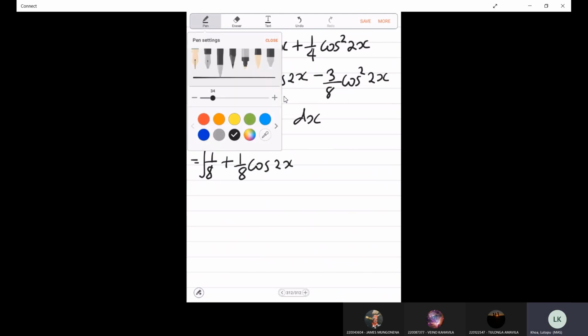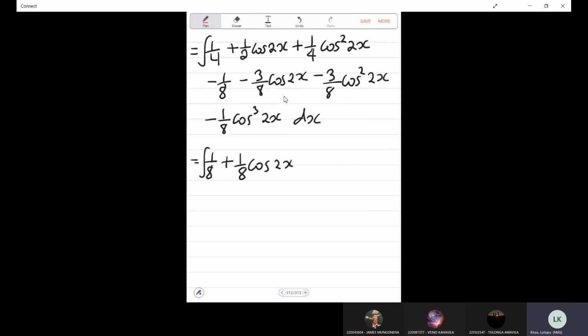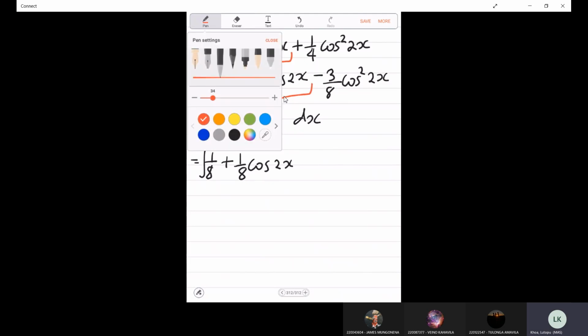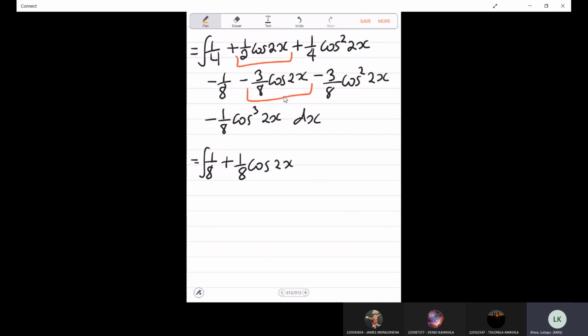So let's just write them. So we have this one here and that one there. Then we have the cos squared, this one here, and that one there. So we have 1/4 minus 3/8 cos squared of 2x.